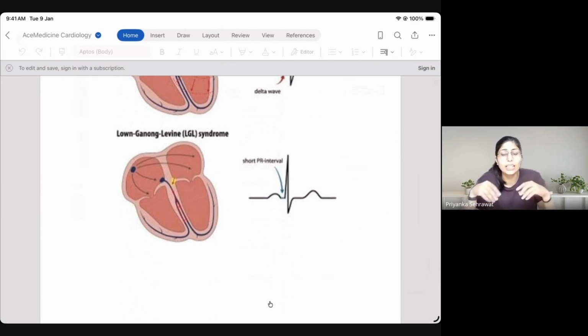The abnormal pathway is usually faster than the normal AV node, so it reduced the delay. So PR interval became short. That's it. So intranodal aberrant pathway is your LGL syndrome. Extranodal pathway is your WPW syndrome. The mnemonic for WPW syndrome ECG findings is WPW only, which is delta wave, then your PR interval shortened, and then widened QRS. And you know the reason now.